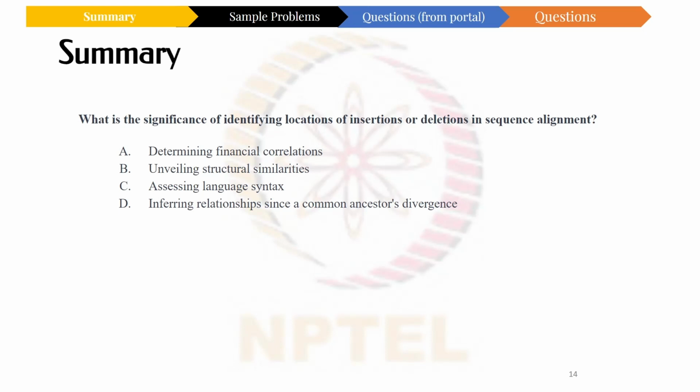When we get a sequence alignment, this helps to identify the locations of insertions or deletions, and this is used to understand the relationships between sequences from their diverged common ancestors. If sequences are similar, we can tell they have similar structure. But the main point in identifying insertions or deletions is to get the evolutionary relation. So here the answer is D.